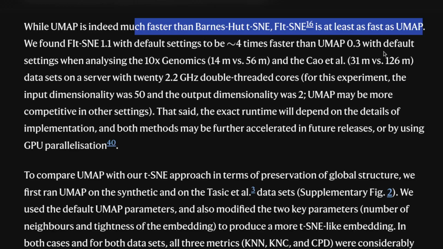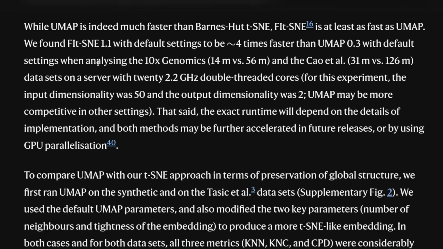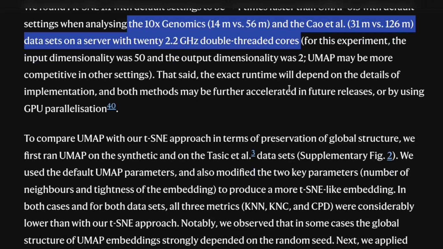We found FIt-SNE 1.1 with default settings to be 4 times faster than UMAP 0.3 with default settings when analyzing the 10x Genomics, 1.4 million versus 5.6 million, and the Cao et al., 3.1 million versus 12.6 million datasets, on a server with 22 2 GHz double-threaded cores. For this experiment, the input dimensionality was 50 and the output dimensionality was 2. UMAP may be more competitive in other settings.